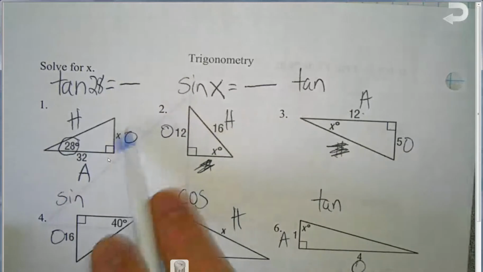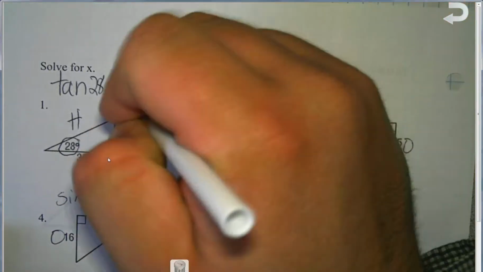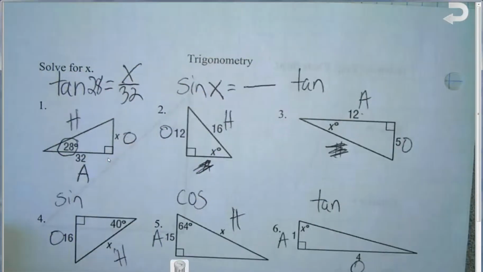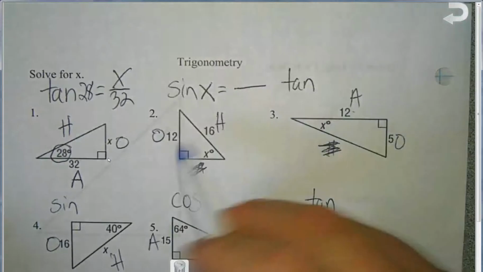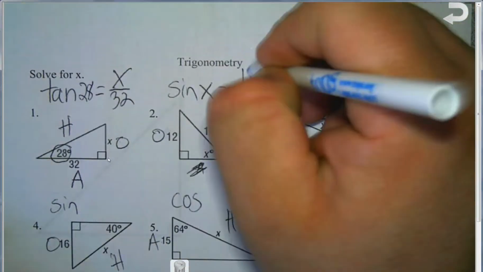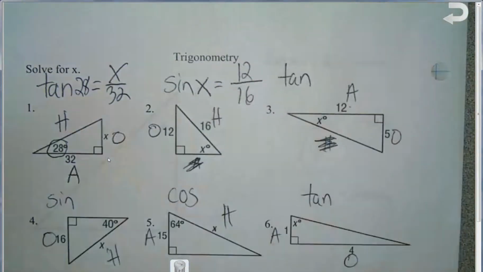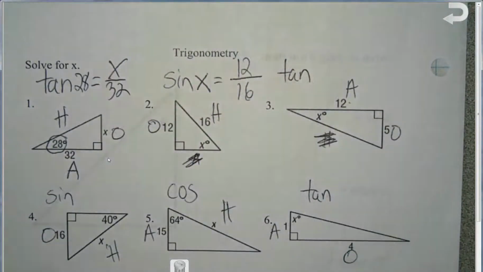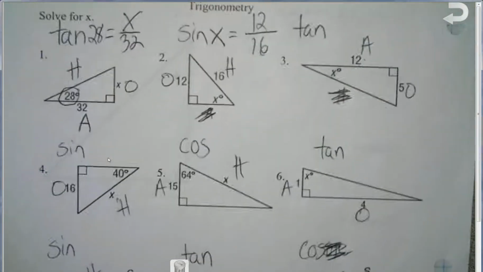Tangent is opposite over adjacent, so it's going to be x over 32. Sine is opposite over hypotenuse, so it's going to be 12 over 16. So I now want you to go through all 12 problems and write out the proportion.